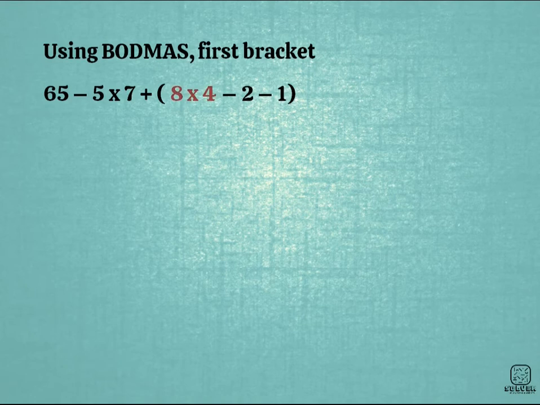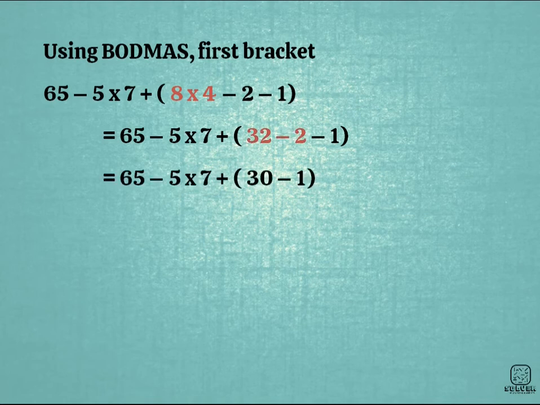So multiplication first. That is 8 into 4. 8 into 4 is 32. So we are getting 32 minus 2 minus 1 in the bracket. Next step is 32 minus 2. That is 30. So there is 30 minus 1 in the bracket. Solve that and we are getting 29.